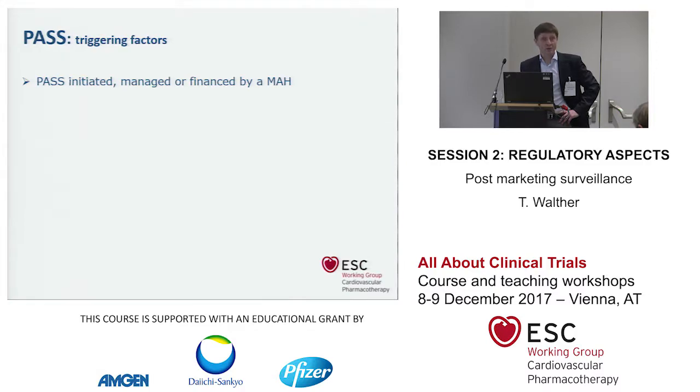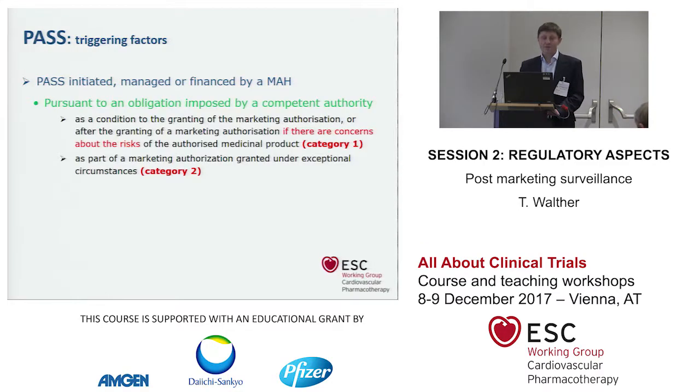However, afterwards, it is on your side to initiate your study, to construct the study, to manage it, and to finance it. You have different categories of a safety study. The first one is, of course, that whenever you get your marketing authorization, it is a condition that you have to go for a safety study.